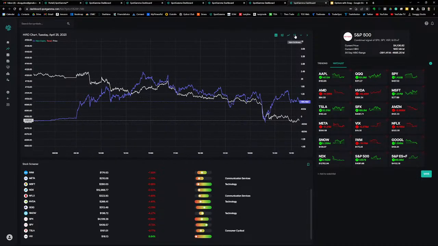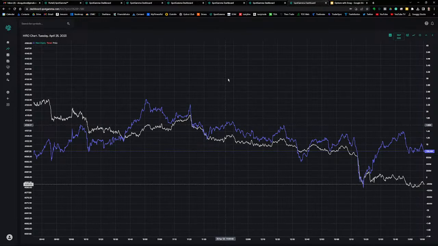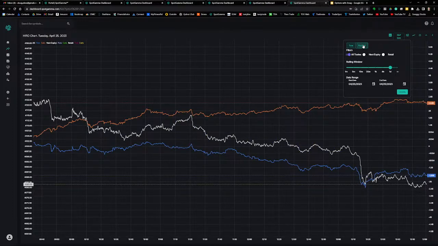showing how options traders are positioning in the options market. Let's take a look at puts and calls. So they're buying calls and buying puts.